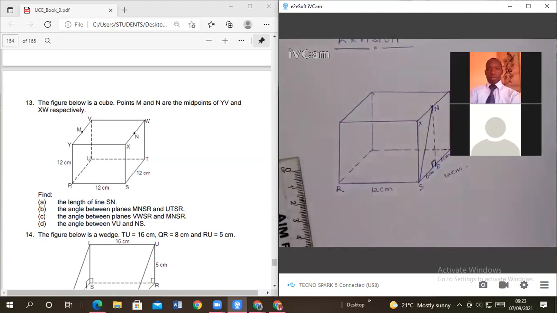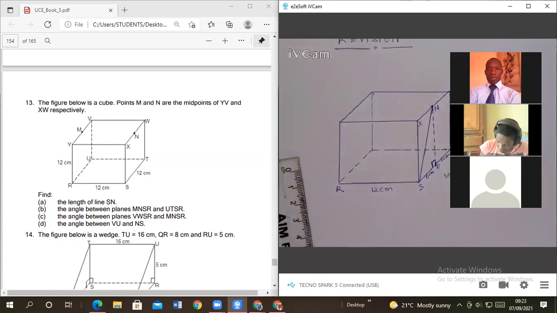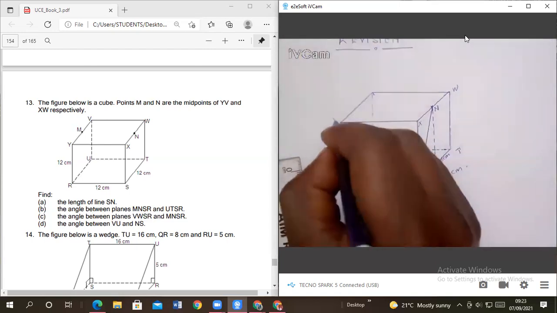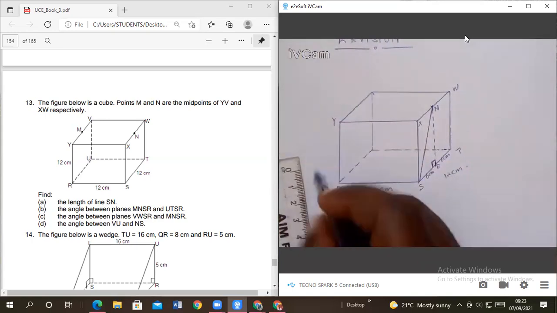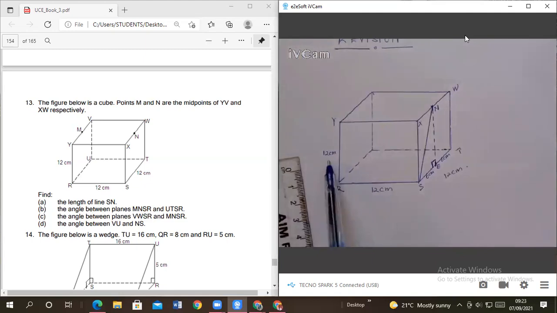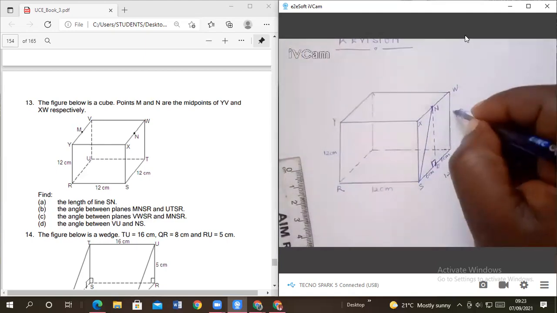So we know that distance YR is 12 centimeters. So if this is 12, this must be 12, XS is 12, and also YT is 12 centimeters.